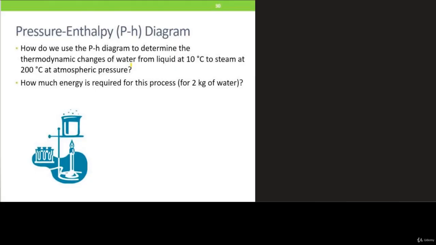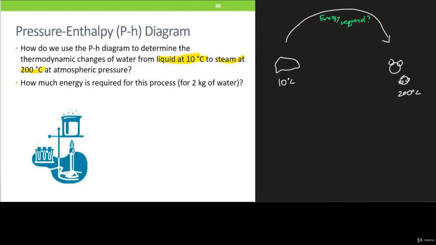If we want to know, for water from liquid at 10 degrees Celsius, how much energy we must put into the system such that it will become steam at 200 degrees Celsius. Over this process, what actually happened in between these two states? So let's analyze using a pH diagram.